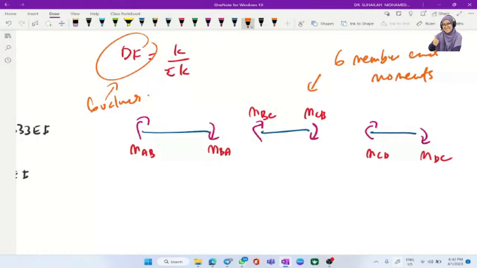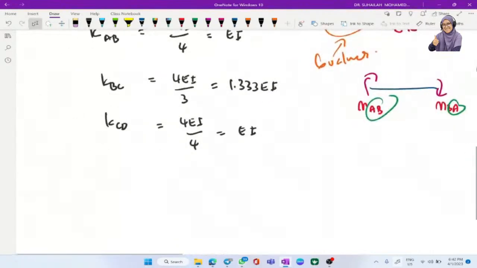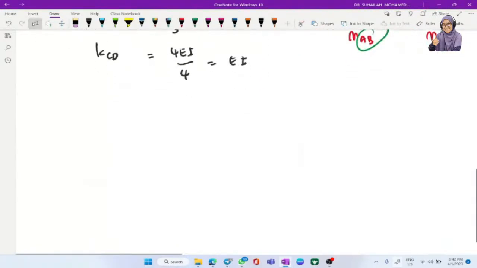So we have 6 labels in the table: AB, BA, BC, CB, CD, DC.